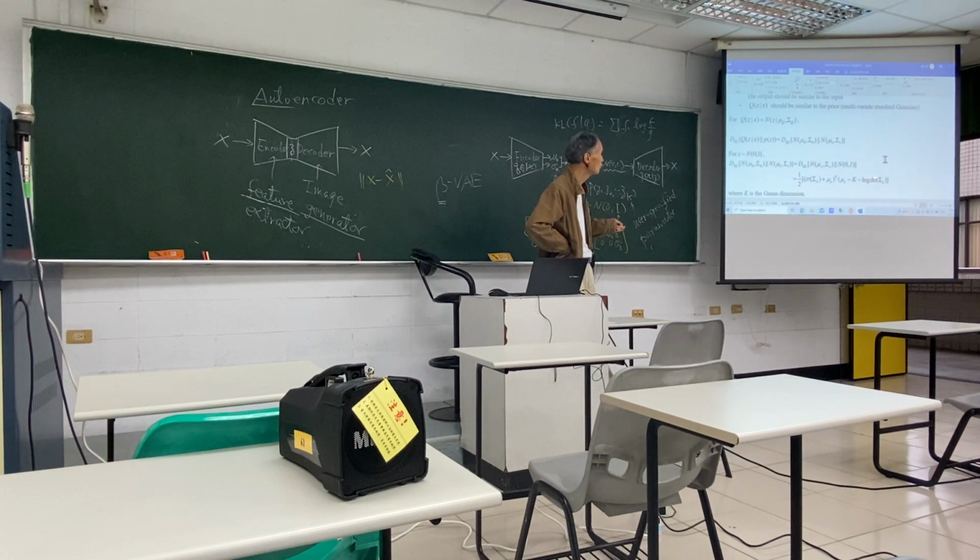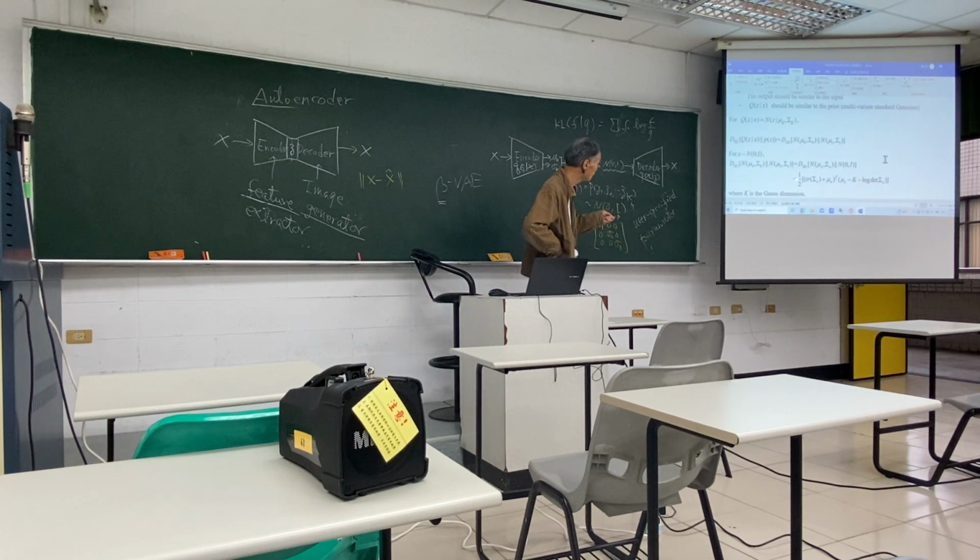Then we can write the KL term like this. This is the trace of the covariance matrix. The trace is nothing but we just add up the diagonal elements, okay?